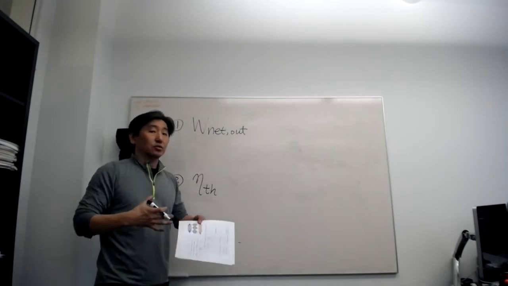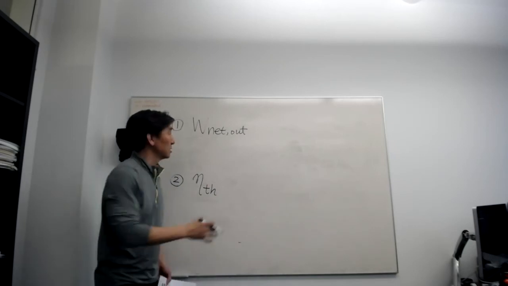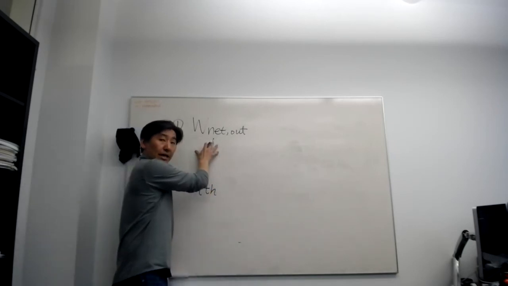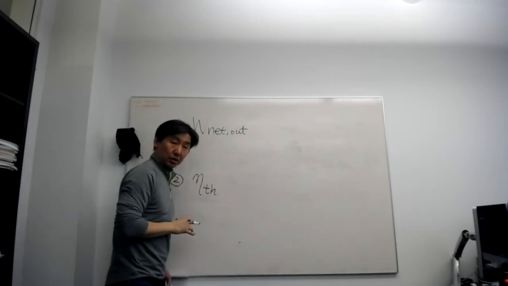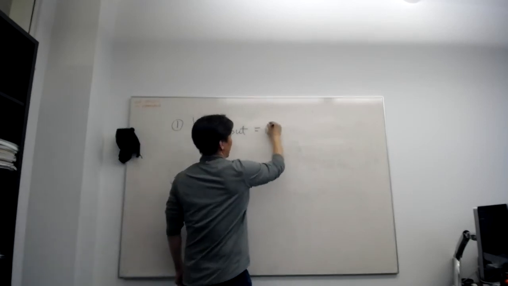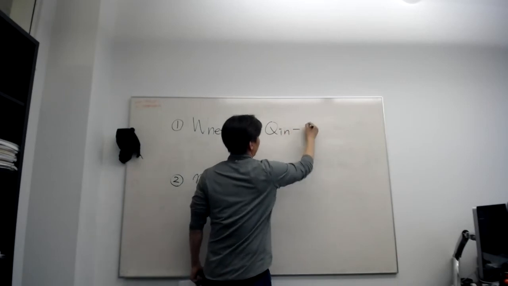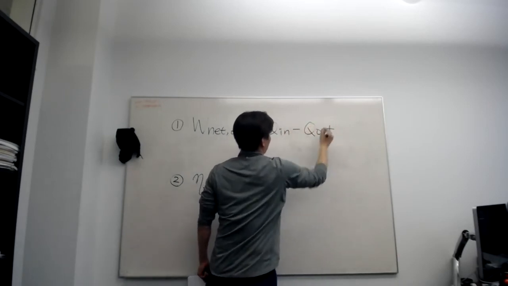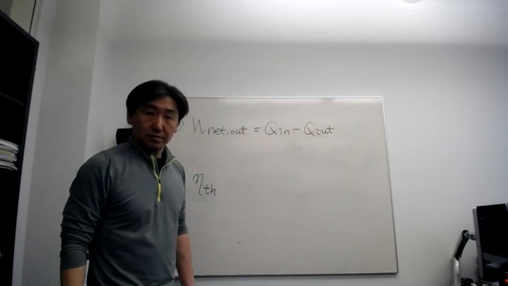We already derived these equations because from the first law of thermodynamics, no matter what cycle we are talking about, net work output can be expressed in terms of the difference between heat in and heat out. Okay?